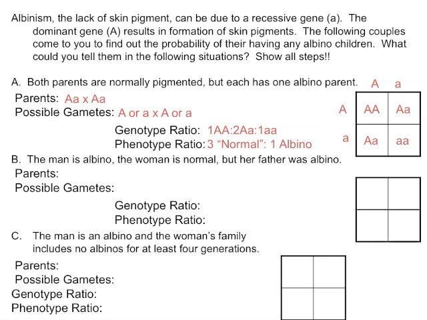Now, in our second scenario, the man is albino and the woman is normal, but her father was albino. So in this case, the woman is actually just like our parents in example A here. So the albino man will have to be little a, but the woman whose father was albino has to get that little a from her father, so therefore she must be big A, little a. In our possible gametes, we see little a, which is the father, cross big A or little a.